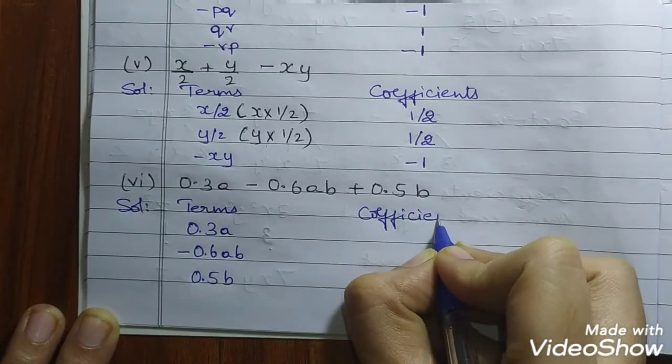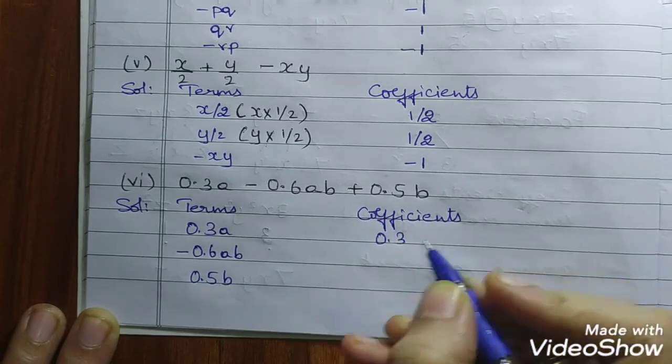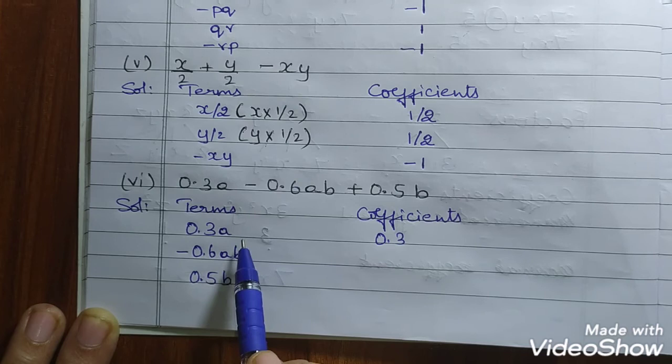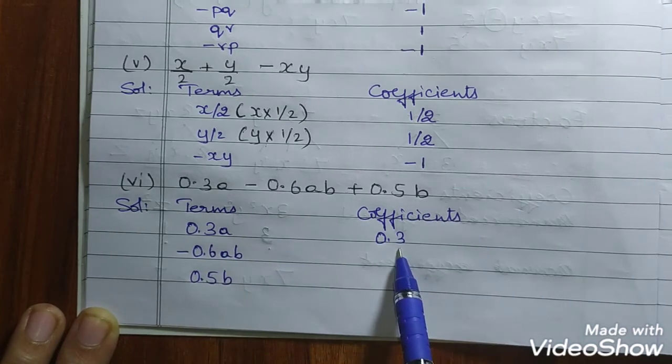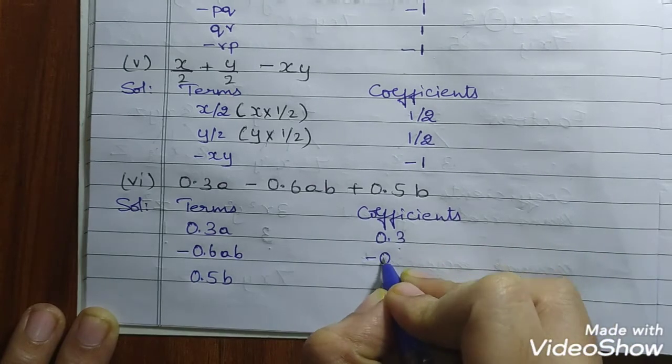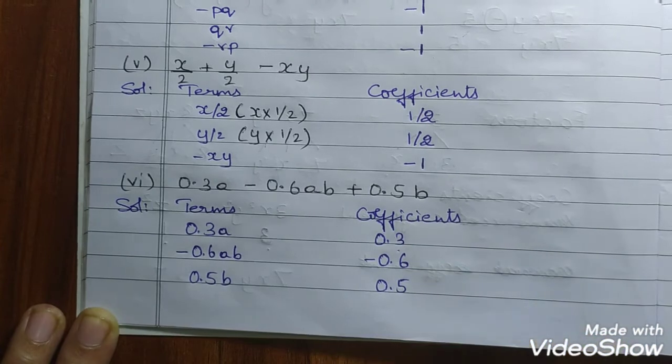Coefficients. First one, it is 0.3, because 0.3a is nothing but 0.3 into a. So the coefficient will be 0.3. Second one, it is minus 0.6, and third one, it is 0.5.